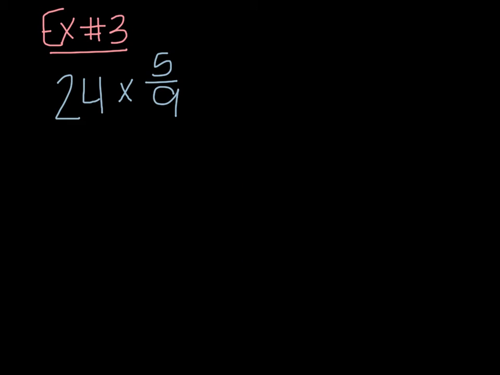Example number 3. 24 times 5/9. So remember, we want to change the whole number to something that is going to be easily divided by 9. And I know that 27 can easily be divided by 9. So let's change that whole number to 27.